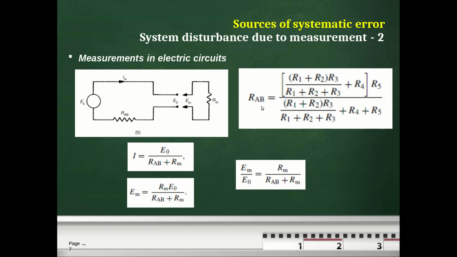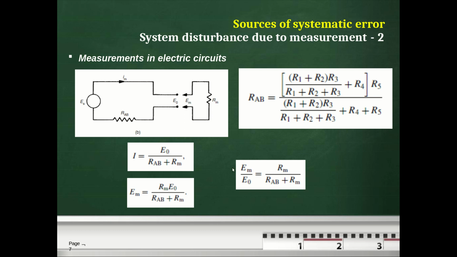Then this is the RAB, okay, the equivalent value of all the resistance in this circuit, and there is a voltage source, and there is a current. The current is the source over the equivalent resistance, plus there is a small resistance inside the device that we use to measure, okay?